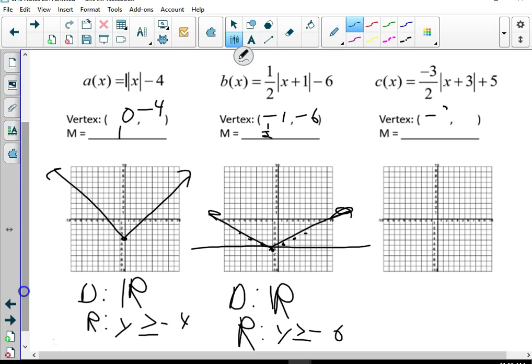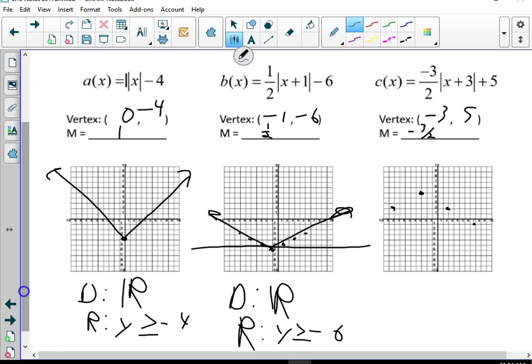This one's going to be -3, 5, with a slope of -3/2, which means it's going to be an upside down one. So I go to -3, 5, put my dot. From there, I go down 3 and right 5, and down 3 and left 5.